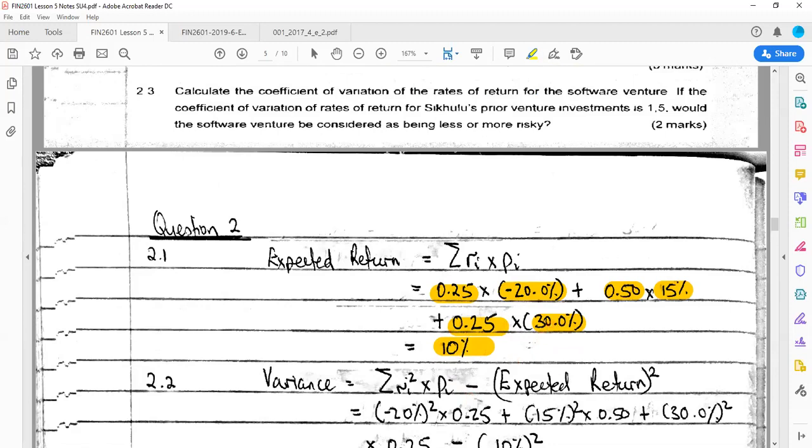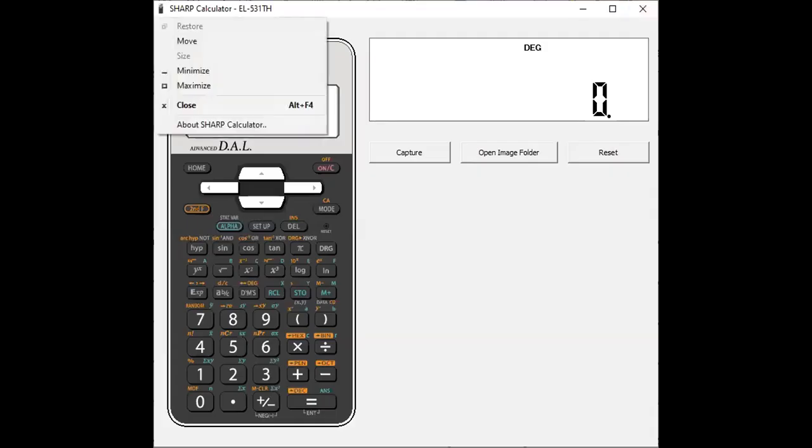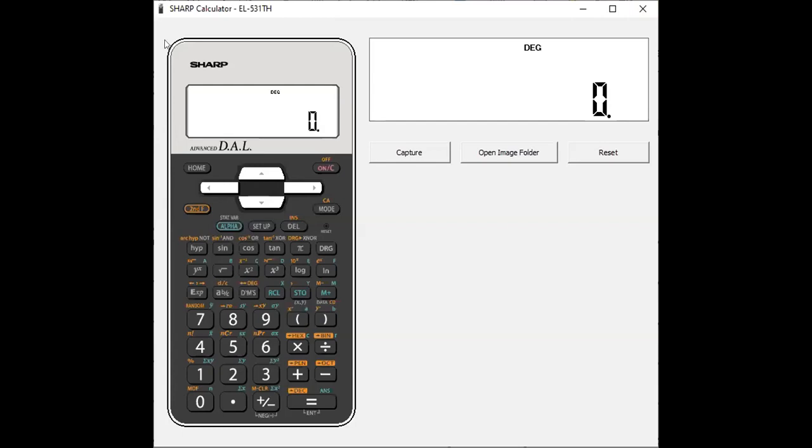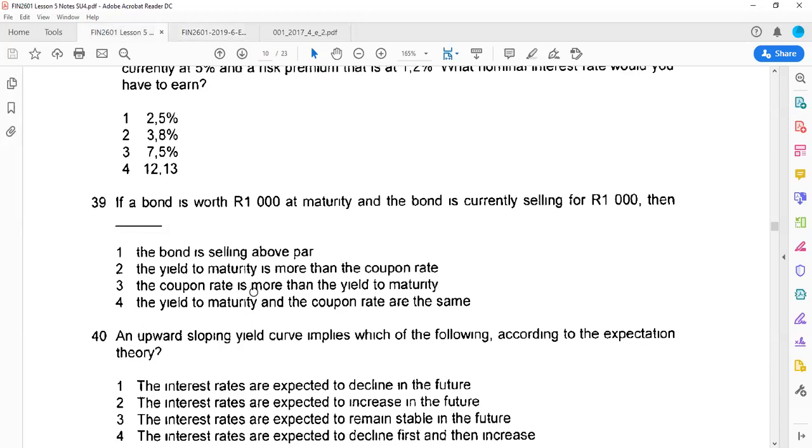Please note, when you are doing this calculation, it's advisable to put the probabilities as decimals and to leave the returns as percentages. Fortunately in this question, the values were given like that, so they made it easier for you.